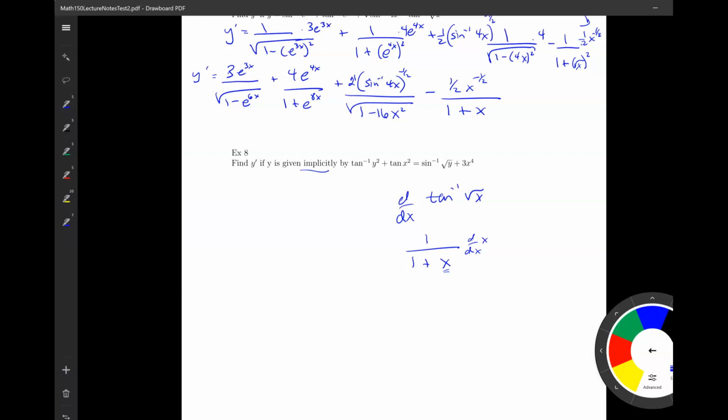So that's wrong. What I want you to remember always is, you can always simplify this because root x squared is x, but what you're going to be multiplying by is the derivative of that angle, the original angle. So that's how it turned into 1/2 x to the negative 1/2. So be careful.